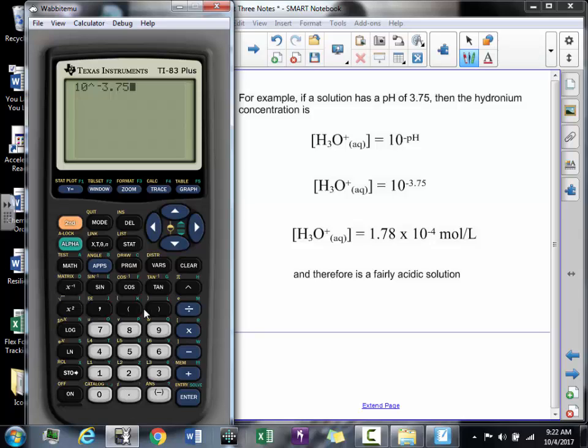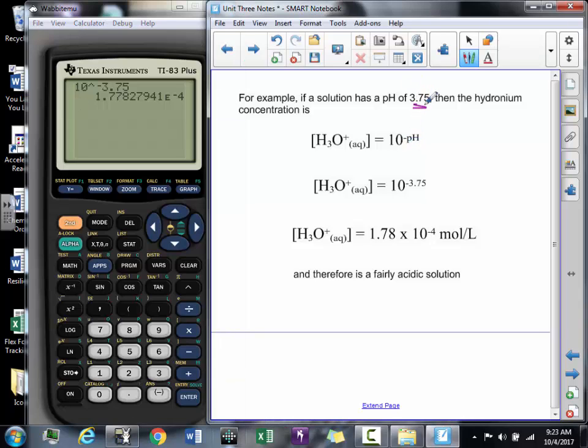Well, okay, so what ends up changing here is that when you get your answer, say you get 1.778 times 10 to the minus 4, the reason why is that previously all of the pHs I was using were whole numbers. What if the pH isn't a whole number, though? See how this is 3.75? Well, 3.75 is pretty close to 4, let's say, right? Can you see now how the exponent here is 4? But the difference here is this was not a number like 1 right on the dot. There were some decimals there. You kind of see how that doesn't jive perfectly.